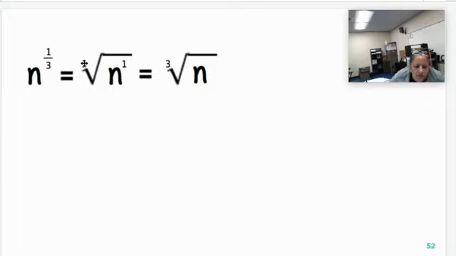It should be written smaller than your other numbers, and that means that we're taking a 3rd root. If it's in a fraction, you have to show the 1, but if it's not in a fraction, we just don't write exponents of 1. So really, when you see n to the 1/3, it's just a 3rd root. But I did want you to know that that 1 does go somewhere, because later these won't always be 1s on top.